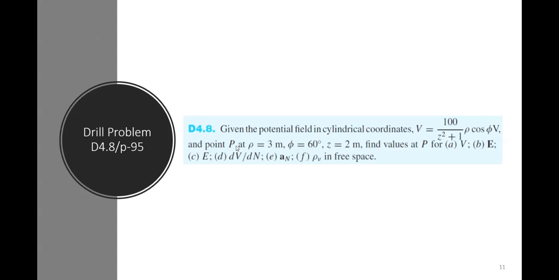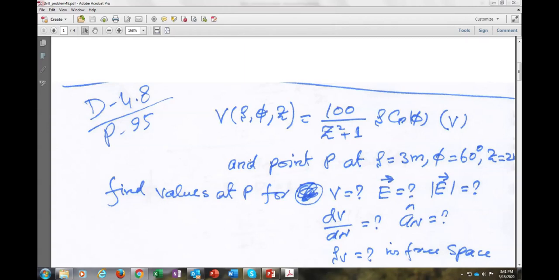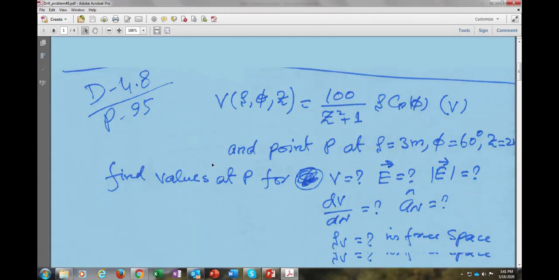This is the field point where we have been asked to define the potential, the electric field E, the magnitude of electric field, dV by dN, a unit normal, and the volume charge density in free space. So let us see the solution.